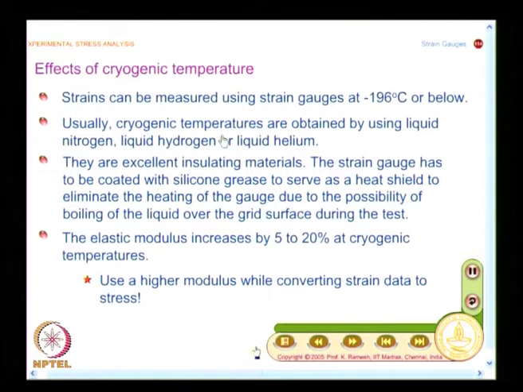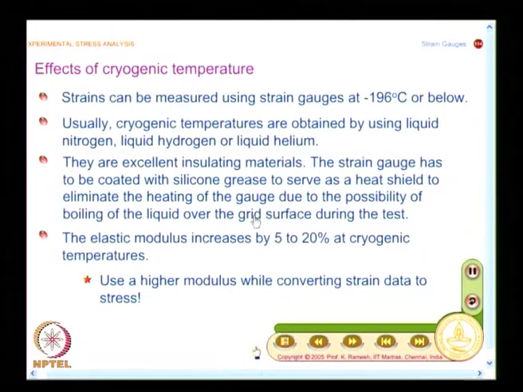Usually cryogenic temperatures are obtained by using liquid nitrogen, liquid hydrogen or liquid helium. And what happens is, at such low temperatures they can boil, and they should not heat the grid surface.